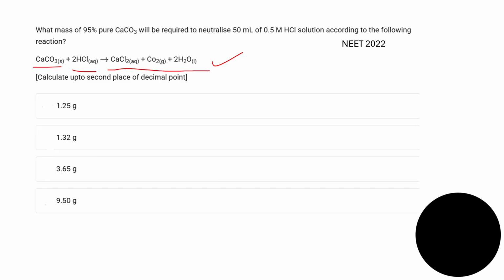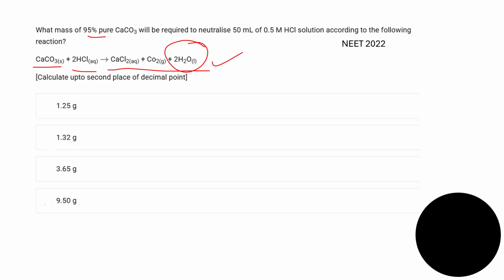This is a neutralization reaction because it forms water. Okay, that's it. They are asking what mass of 95% pure calcium carbonate. They are asking for the calcium carbonate mass. Calcium carbonate is only 95% pure, not 100% pure.